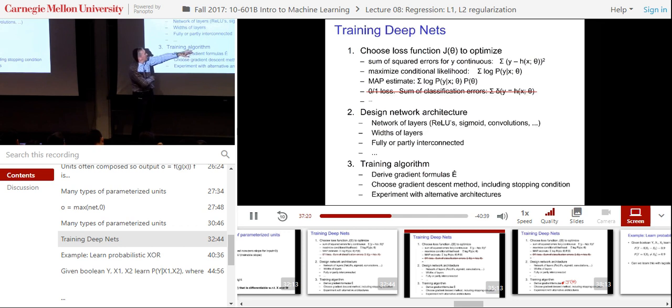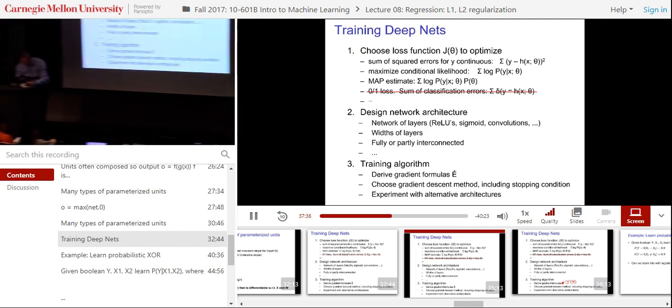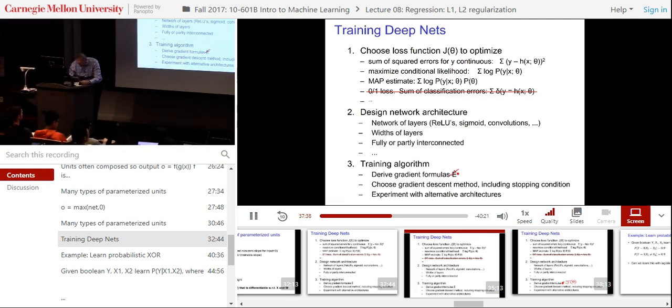That is, the partial derivatives with respect to all of the parameters of the network of our loss function J of theta. And then choose a gradient descent method.